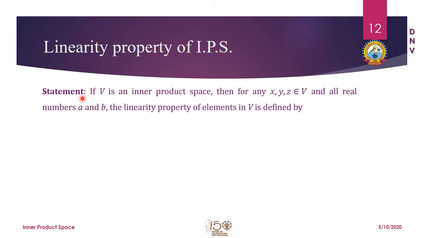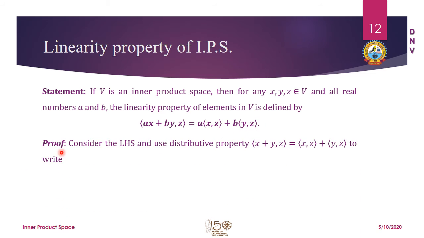A statement of this linearity property says that if V is an inner product space, then for any x, y, z belonging to V and all real numbers a and b belonging to F, the linearity property is given by this expression: the inner product of ax plus by with z is equal to a times the inner product of x with z plus b times the inner product of y with z.